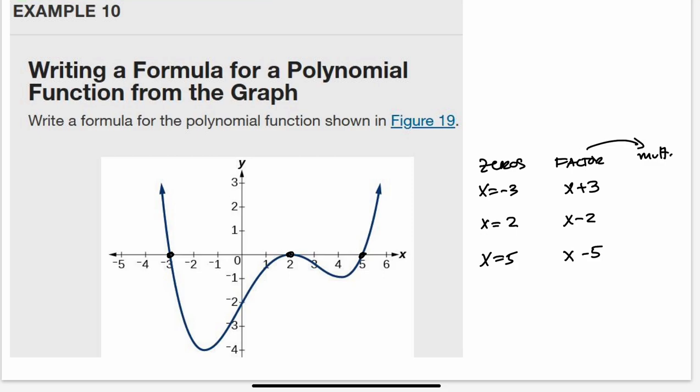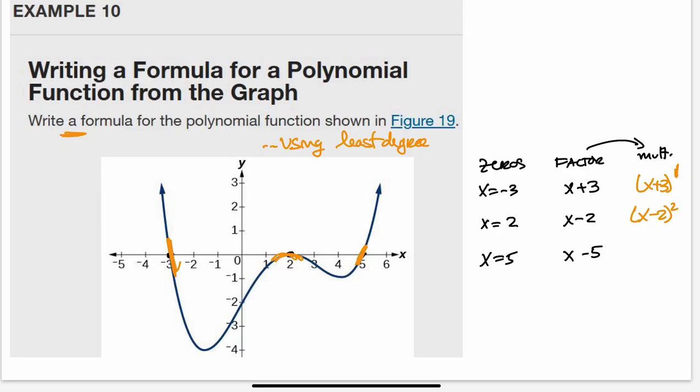If you add in the multiplicity, since this crosses here, I think that's going to be to the first power. Since this touches, if I'm going to go least degree, I would have that as a squared, so it's going to be x minus 2 squared. On a high stakes test, it would say write a formula for this polynomial using the least degree possible.